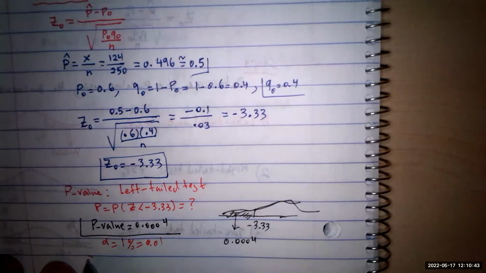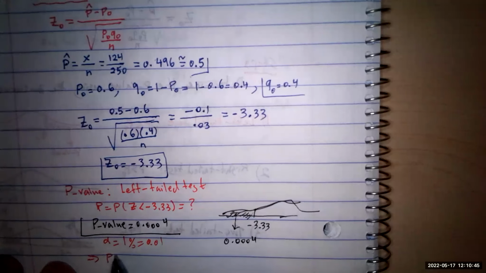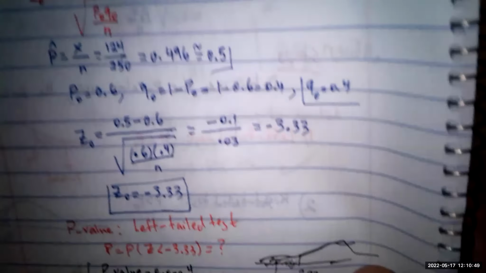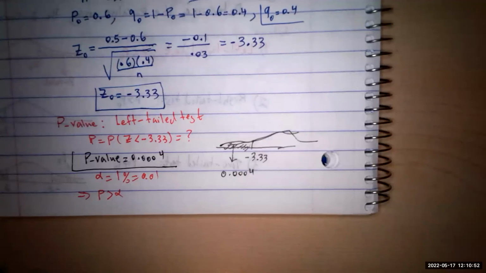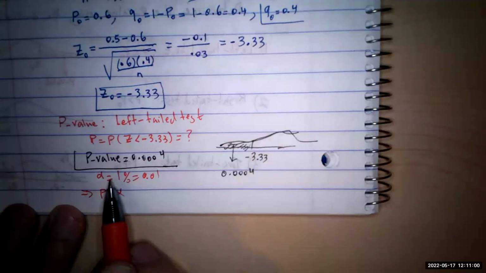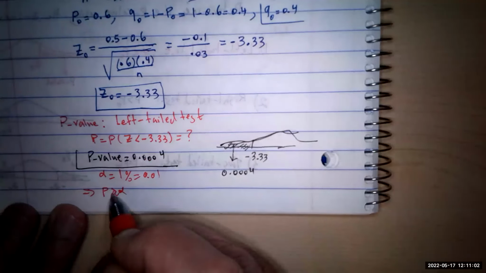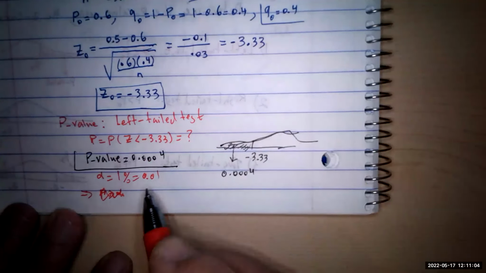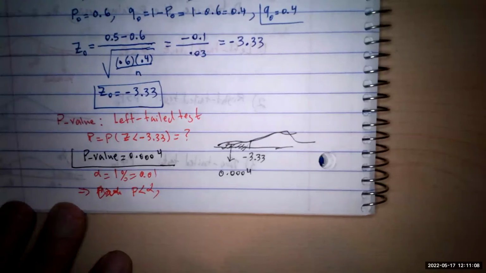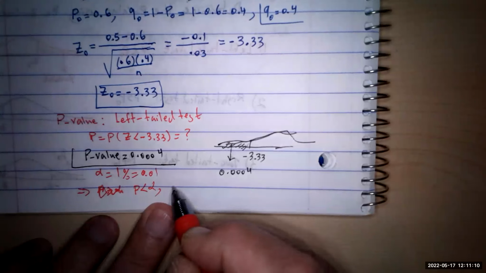If you compare them together, the result is that the p is greater than alpha. When p is greater than alpha, do not reject the H naught. Oh, I'm sorry, I did it wrong. Yes, p is less than alpha. Sorry about that. P is less than alpha, so this means reject the H naught.